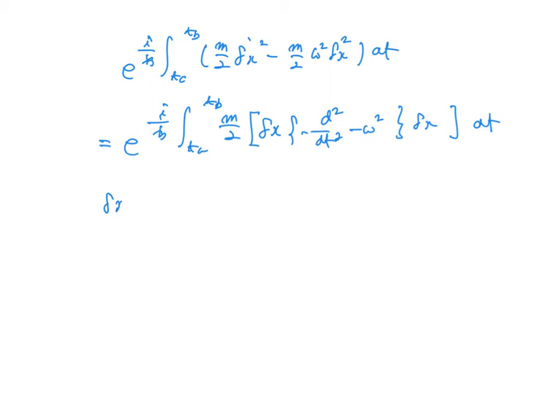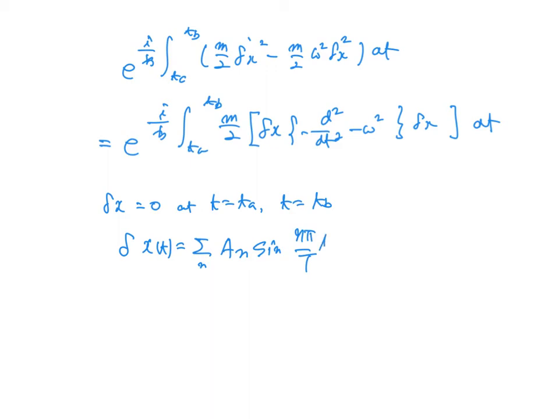Since delta x is 0 at t equal ta and t equal tb, we can expand delta x(t) as some Fourier series, sine of n pi t over T, where T equals tb minus ta, and we call this omega n.